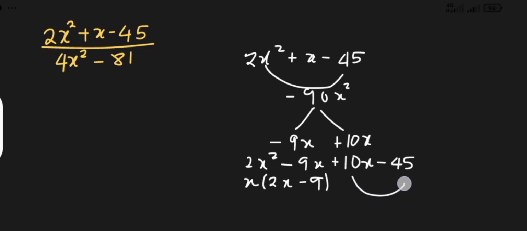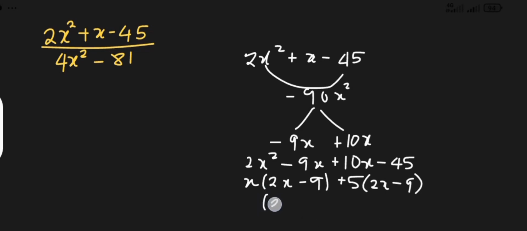And from the last two terms, we can factor positive 5. That's a plus 5 times 2x minus 9. Obviously, from these two terms, 2x minus 9 in parentheses can be factored. It's a common factor.